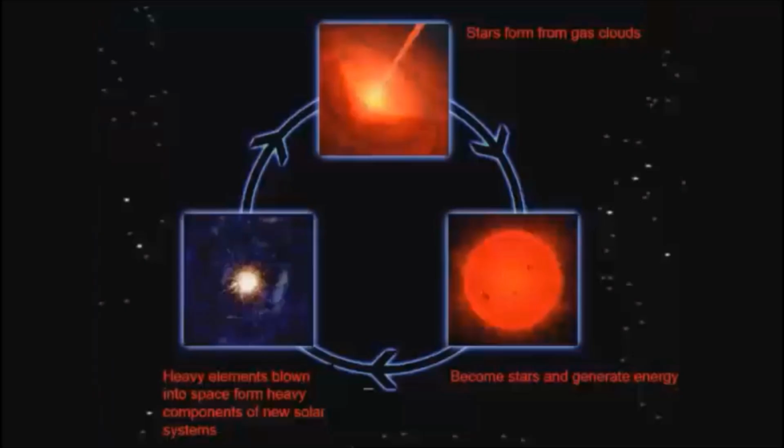So here's kind of what happens, a kind of timeline. A large cloud of gas actually condenses and stars form from those gas clouds. The star starts to generate energy and then blows heavy elements out into space, which get put into the next generation of star formation.